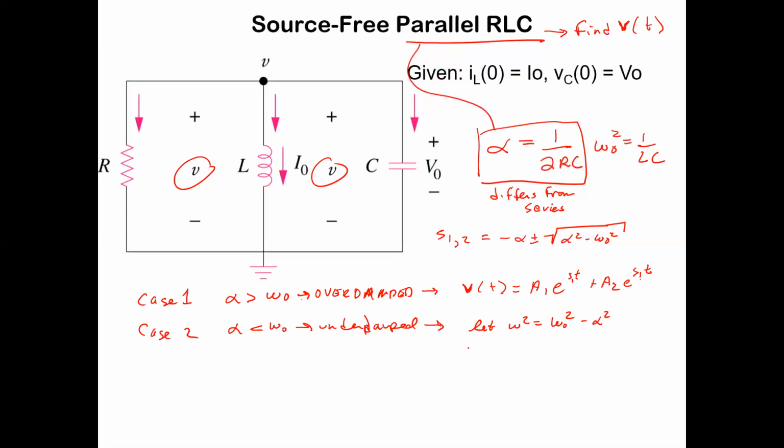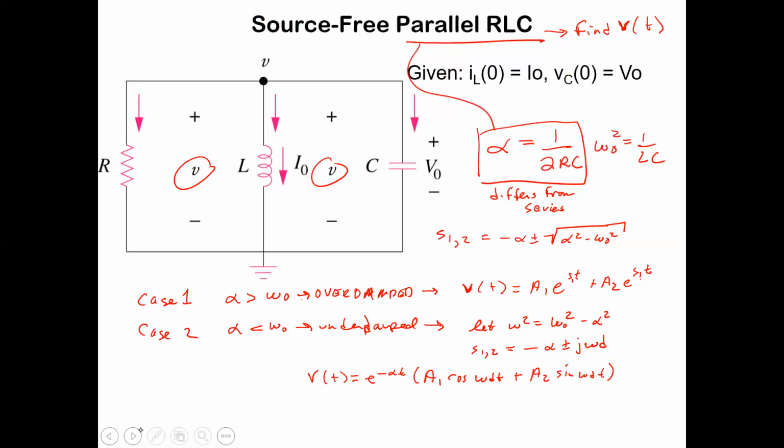And your S1 and 2 are going to equal minus alpha plus or minus j omega d. And your v of t is going to equal e to the minus alpha t times a1 cosine of omega d t plus a2 sine of omega d t. That's the underdamped one, right?